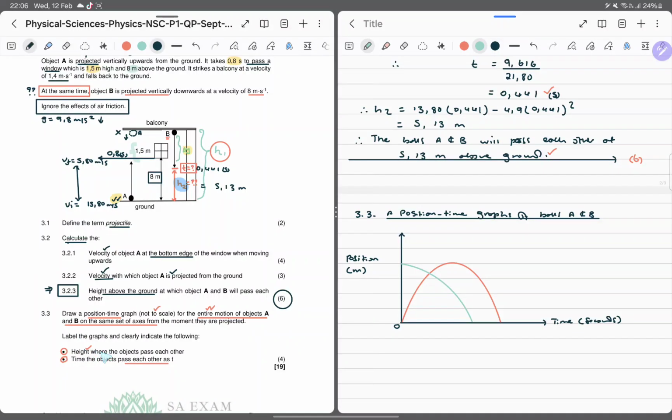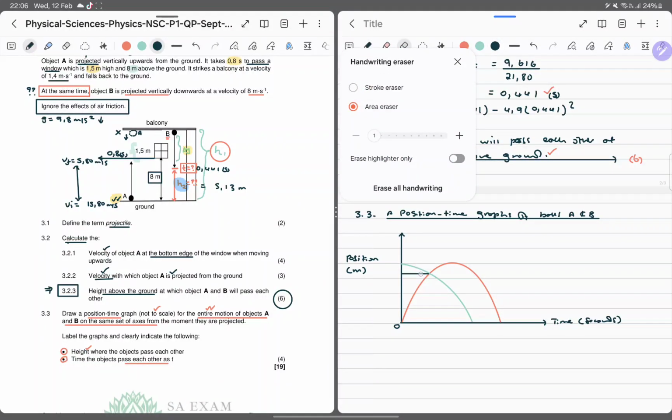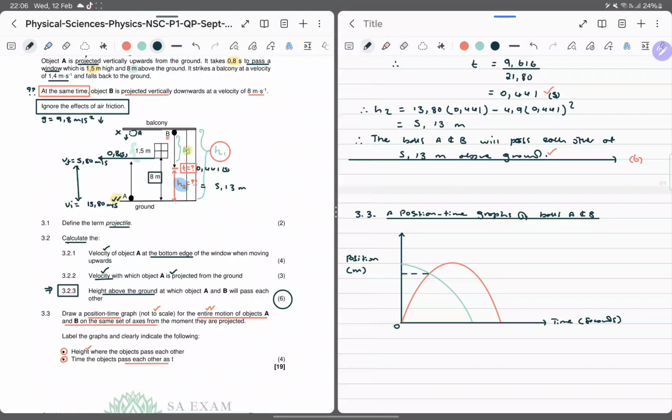So what are we supposed to indicate? The height where the objects pass each other. So this is the one right here. So we can break this up. So we saw that this is 5.13, and obviously the time when they pass each other is also this one.